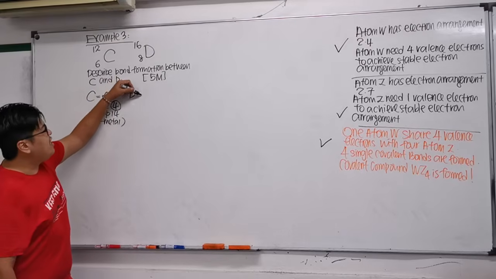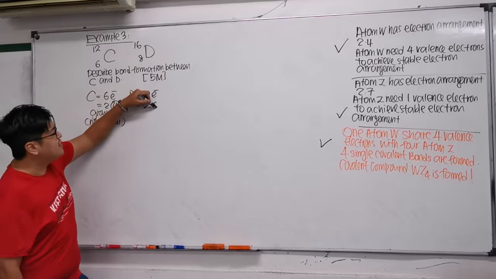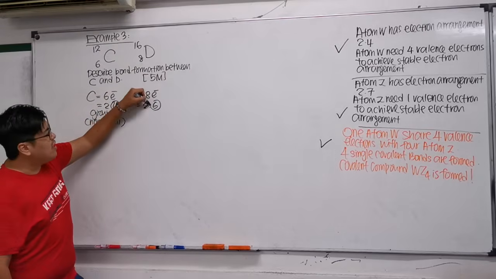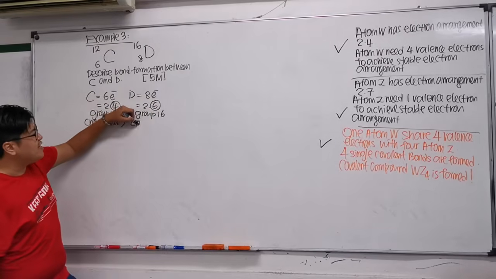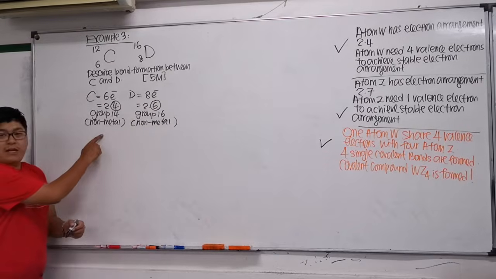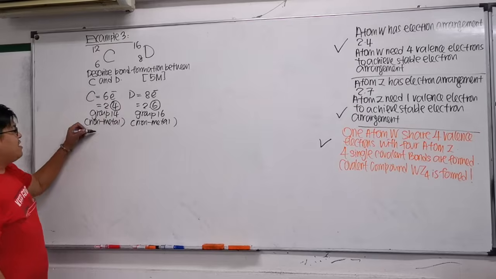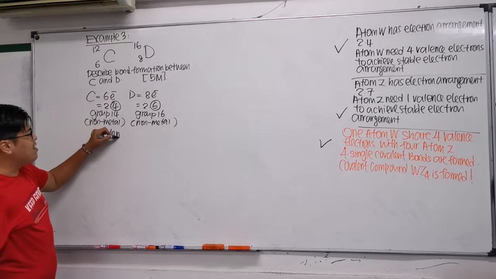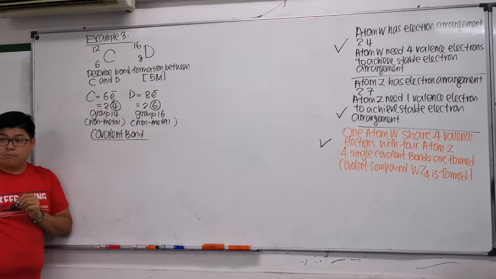Substance D has 8 electrons, which is 2.6. 6 outer electrons make it group 16. Group 16 is a non-metal. So far so good? So we have non-metal C and non-metal D joining together. They will go by covalent bond.